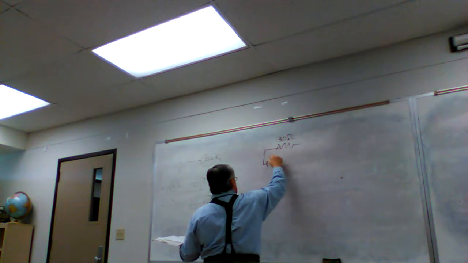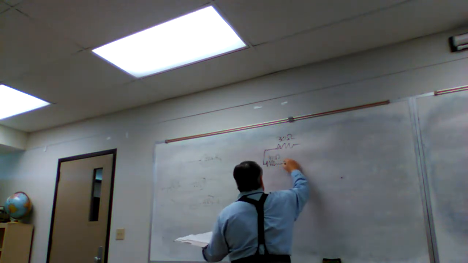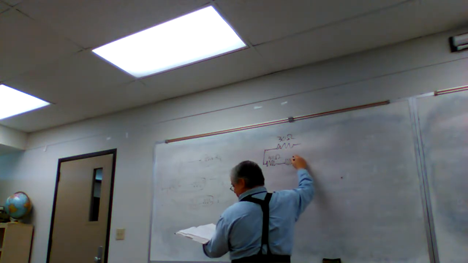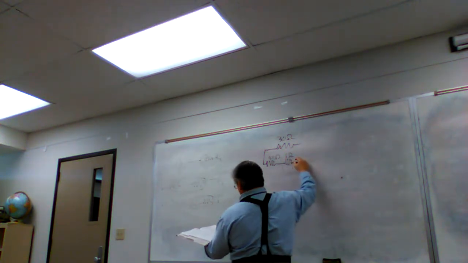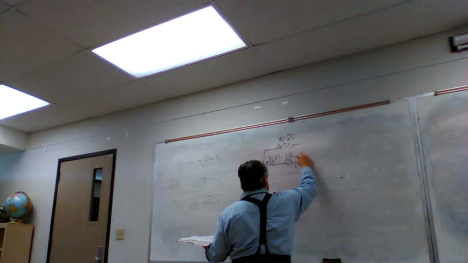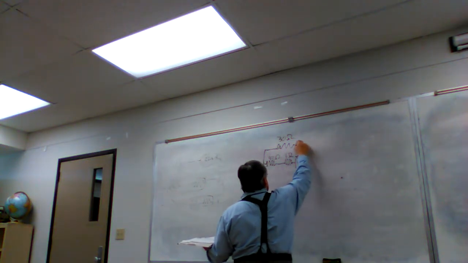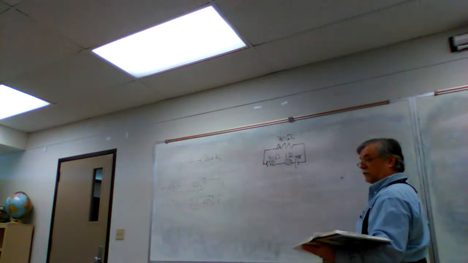Here with a 40 ohm resistor. Coming over to a 1 ohm resistor. Now let's put a voltage source right here of, say, 45 volts. Now that's still a pretty simple, straightforward circuit.